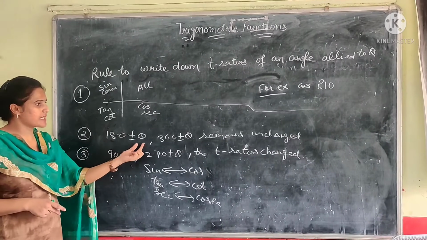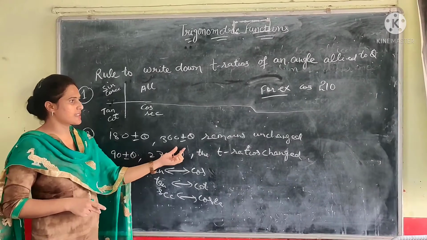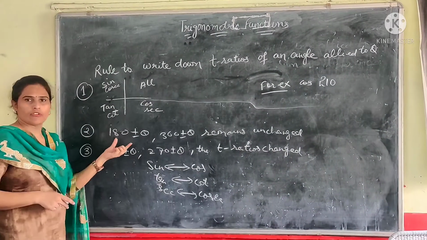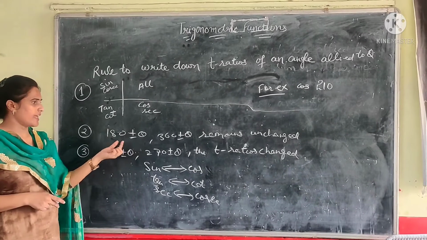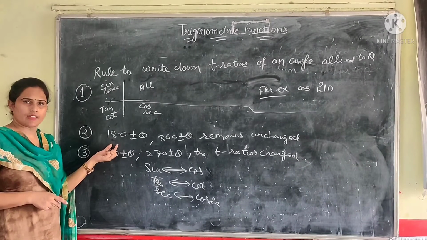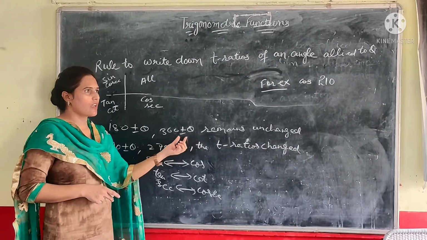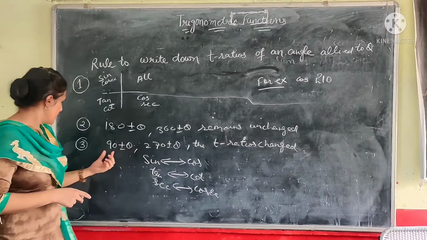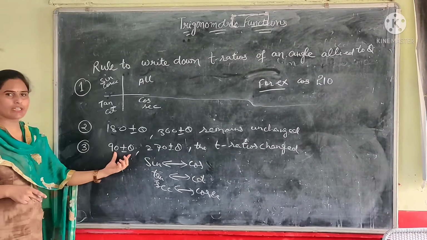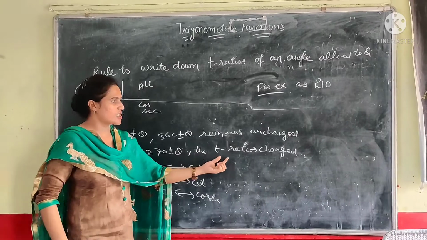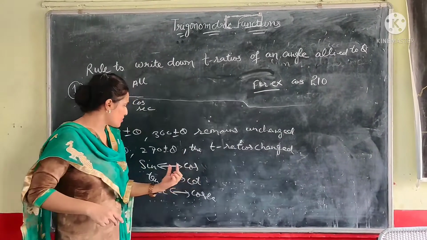Now 180 plus minus theta and 360 plus minus theta remain unchanged. That is, if sine of 180 plus minus theta, then it remains sine, and if tan of 360 plus minus theta, it remains tan. Now if we have 90 plus minus theta or 270 plus minus theta, the T ratios change according to this.